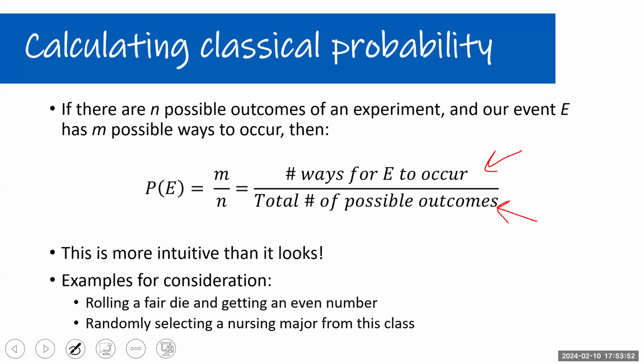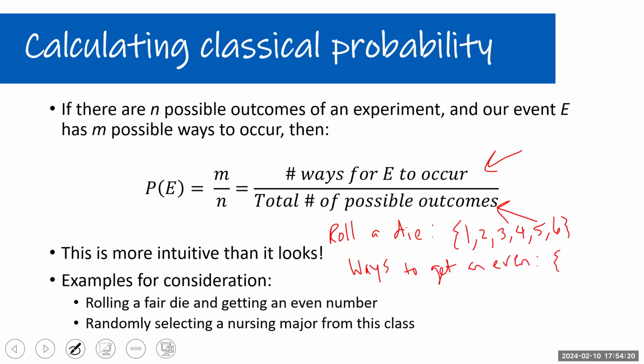Think about rolling your fair die and getting an even number. So when we roll a die, what is our sample space? We can get 1, 2, 3, 4, 5, or 6. Now, how many ways do we have to get an even?